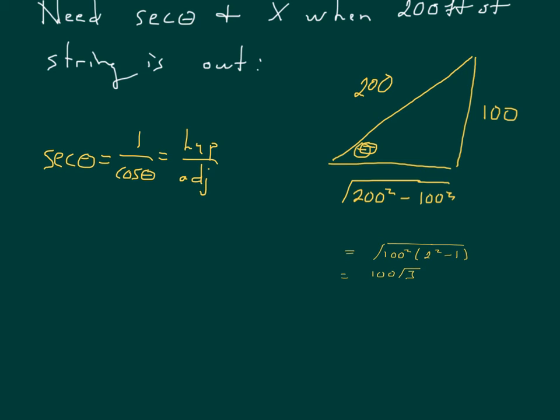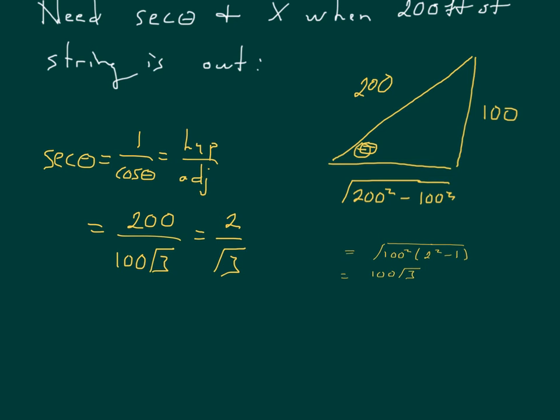So this is equal to 200 divided by 100 over root 3, which is just 2 over root 3. So now we have what we needed. We have secant theta, there it is, and we have x, there it is, when 200 feet of string has been let out.